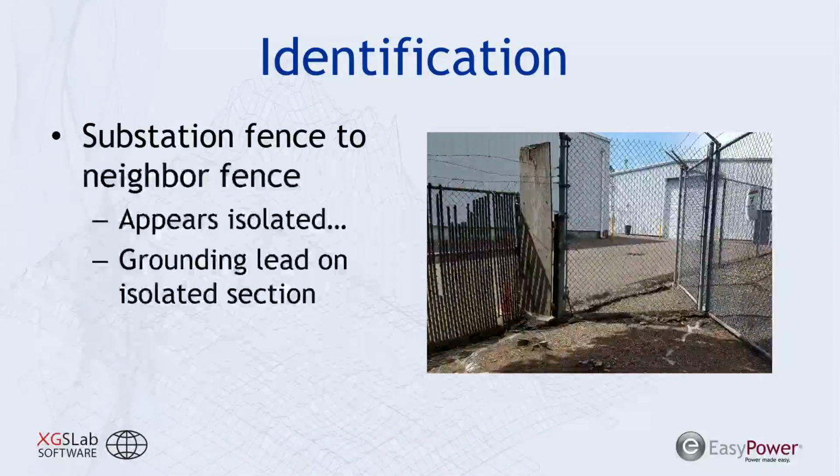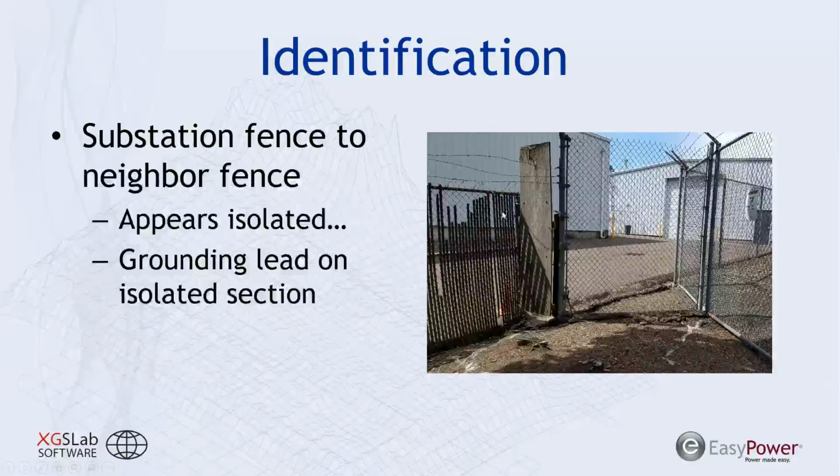So here we have an example of a substation fence on the right. You can see it has a little danger warning label here. And there is a little panel that's providing physical security to a client's site. And then we have some barbed wire that continues on to another fence.